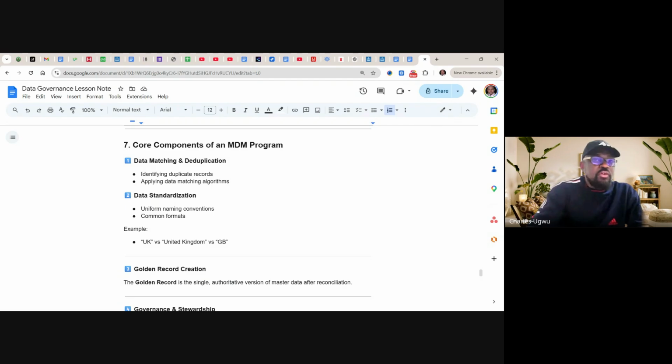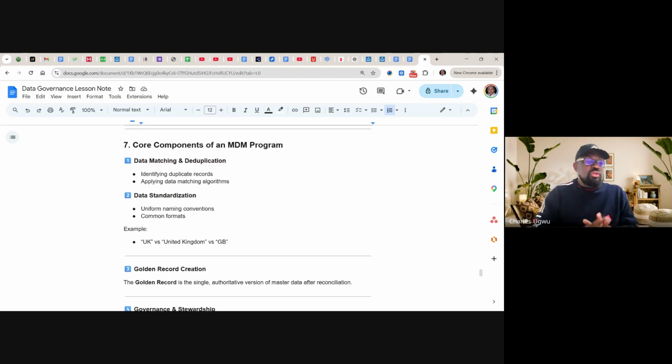So it's left for you to determine which one you are adopting. Not that if you are capturing data, some people will be capturing UK, some people will be capturing United Kingdom. Like now a marketer goes out there on a survey for people to fill a form, a data collection. You have to determine the naming convention that you are going to use.